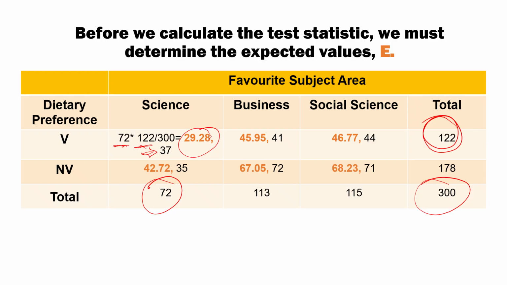How would you have gotten this one here, this 42.72? Well, we've got our row total, which is 178, and then you will multiply by your column total, which is 72, and then you divide it by 300, and you have to do it for every single one of them. So what I end up doing is I always put the expected and the observed in the same kind of column so that I can visualize it.